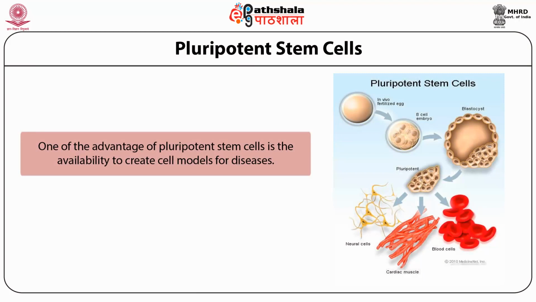Pluripotent cells can be generated in vitro from the fertilized egg. It can develop into the embryo, and in the embryo with the blastocoel, we can isolate the pluripotent stem cells. They can be differentiated into blood cells, cardiac muscle, and neural cells.